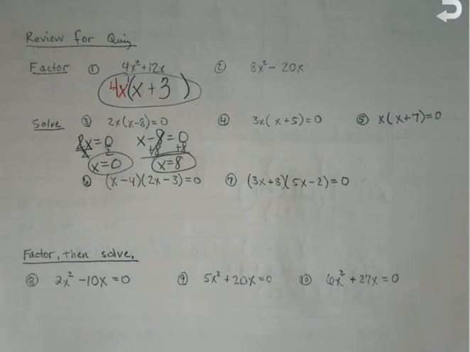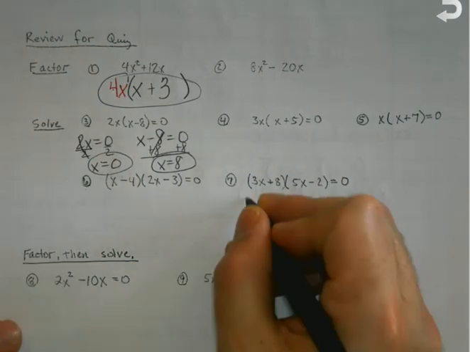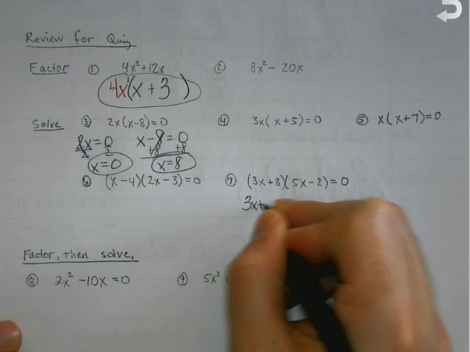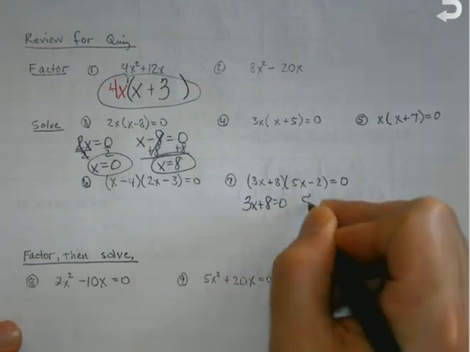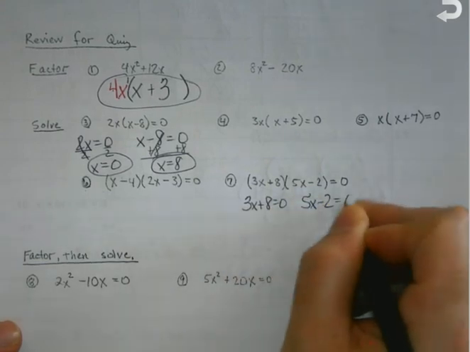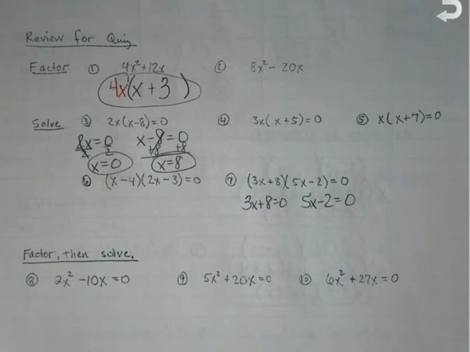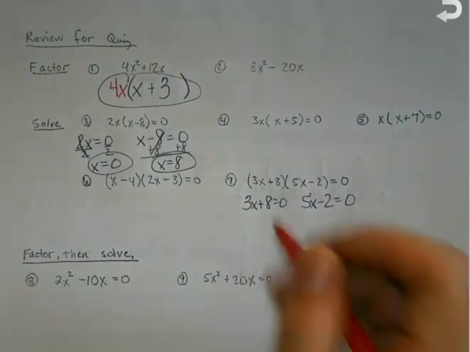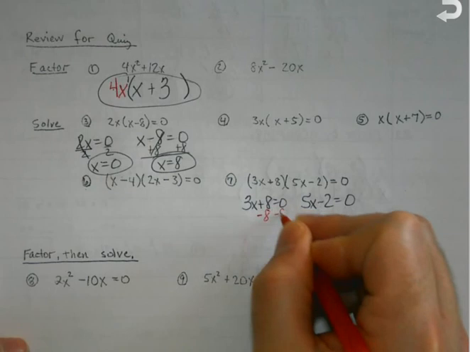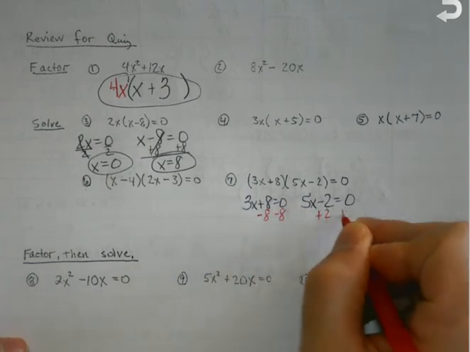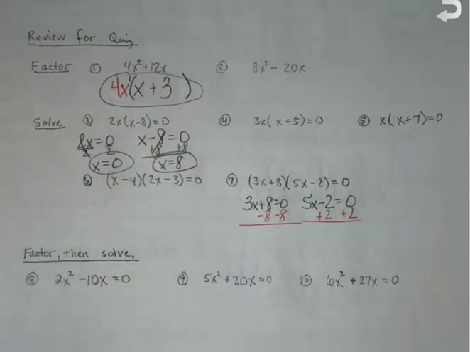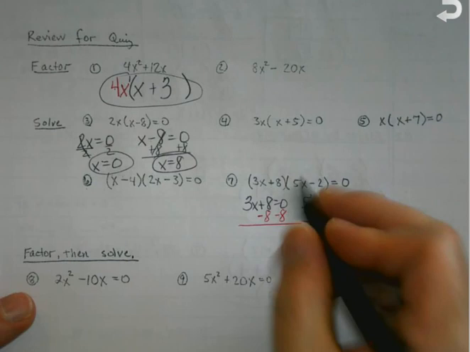What if there's 2 sets of parentheses? I do the same thing. Now, these are a little longer. Now they're 2-step equations, but they're still not anything that we're not capable of. I do my opposites on each of those.